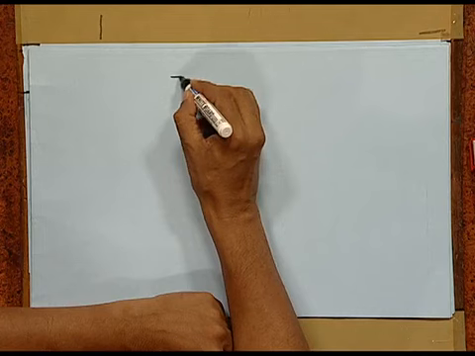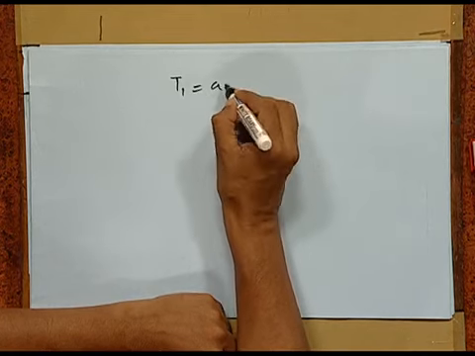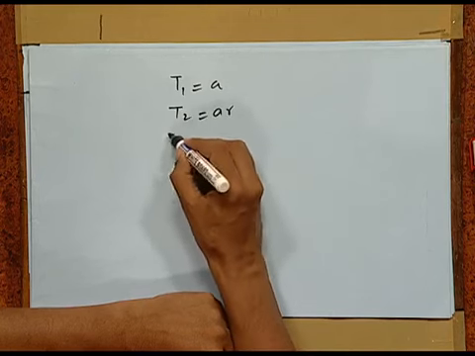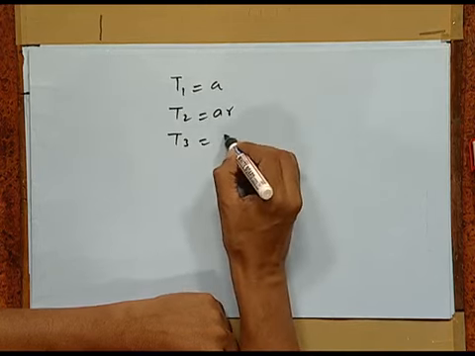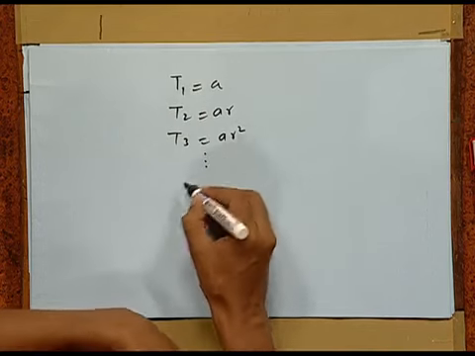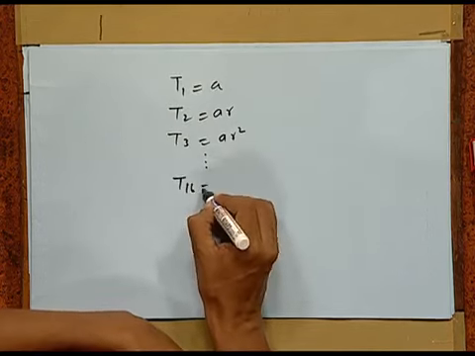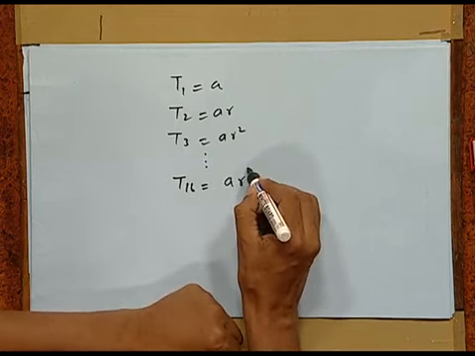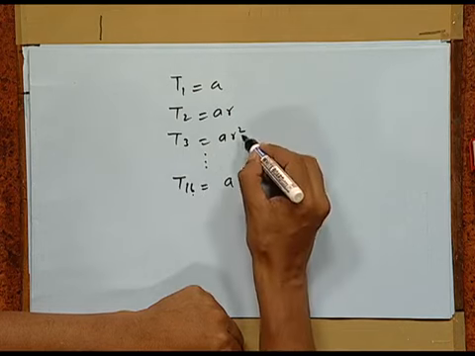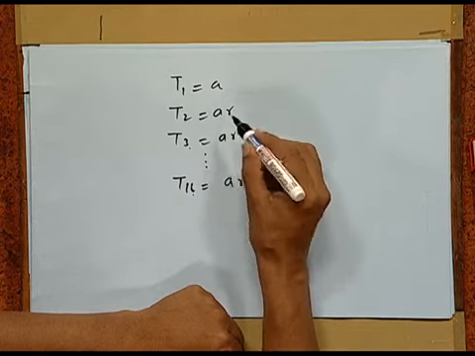Look at this: T1 is A, T2 is R times A, T3 is again R times AR, that is AR square, and so on. We can expect that T16 is simply A R raised to power 15. Now, this 15 is 1 less than 16, 2 is 1 less than 3, like that.